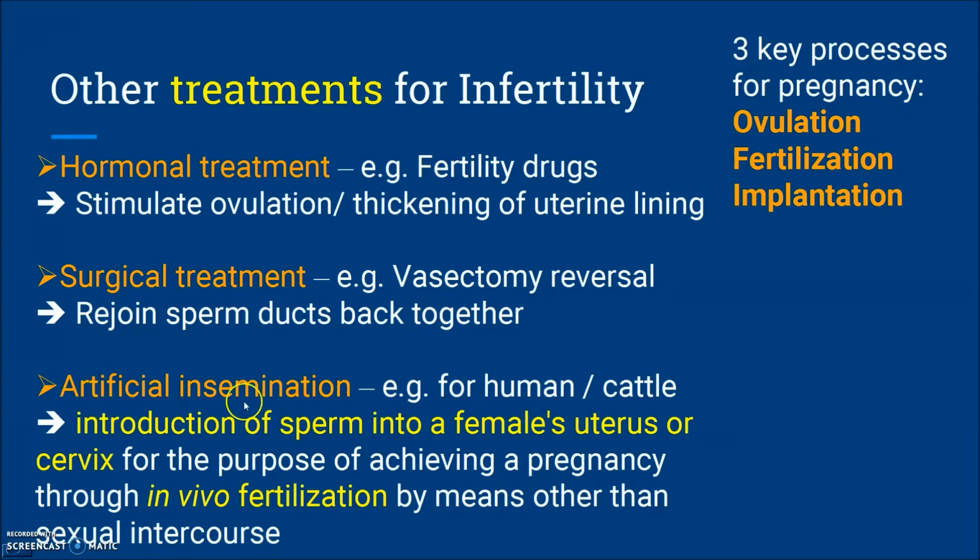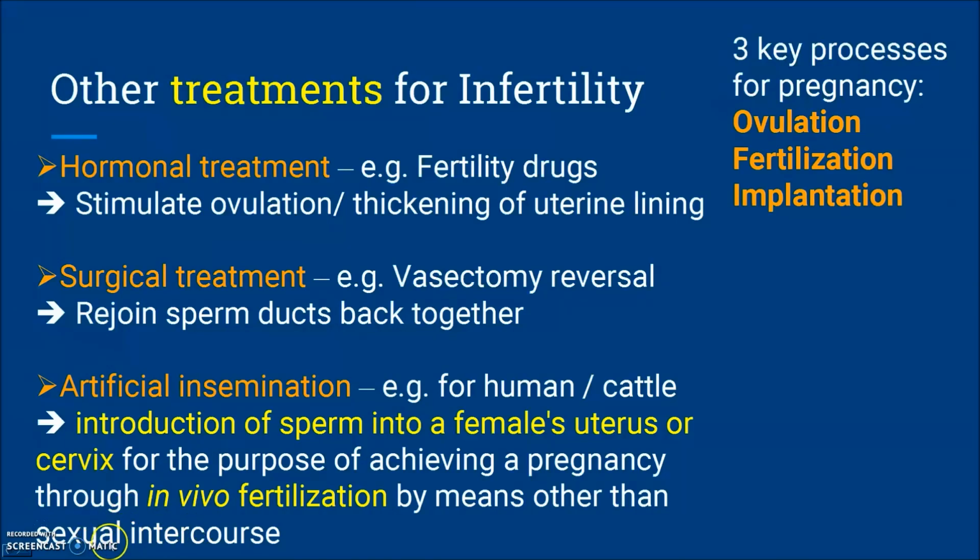So the whole process means the introduction of sperm into a female's uterus or cervix for the purpose of achieving a pregnancy through fertilization inside the female body. This process just imitates sexual intercourse.